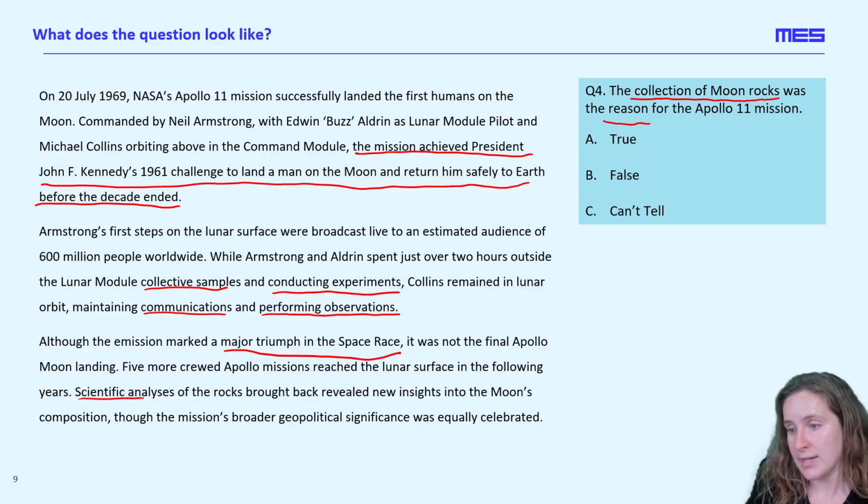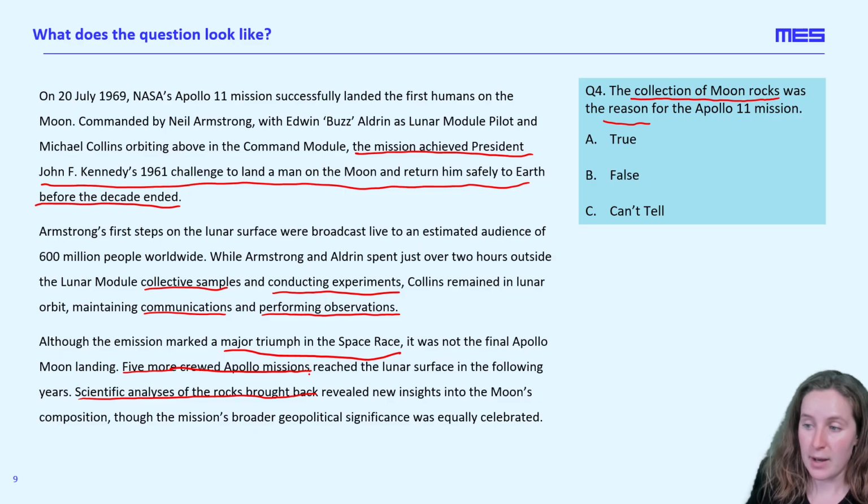Scientific analyses of the rocks brought back. Now, because we are also talking in this paragraph about the other Apollo missions happening now, we don't know if the samples collected here are moon rocks or something else. We also don't know if these rocks were collected on one of these later crewed missions or on the first one.